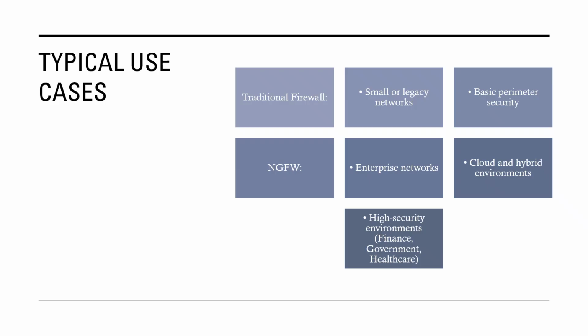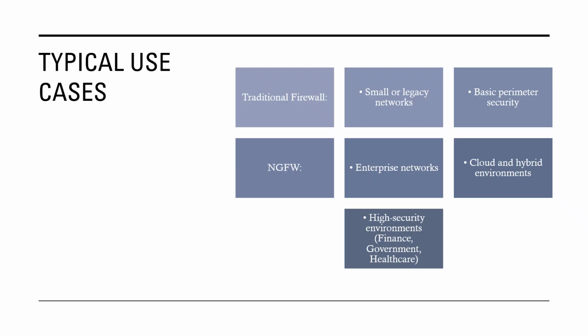But the next generation firewall is basically used for enterprise networks. It is used to protect enterprise networks. If you are running a hybrid cloud, for example, on-prem and equally in the cloud, be it Azure or AWS, a next generation firewall can give you good perimeter network security.